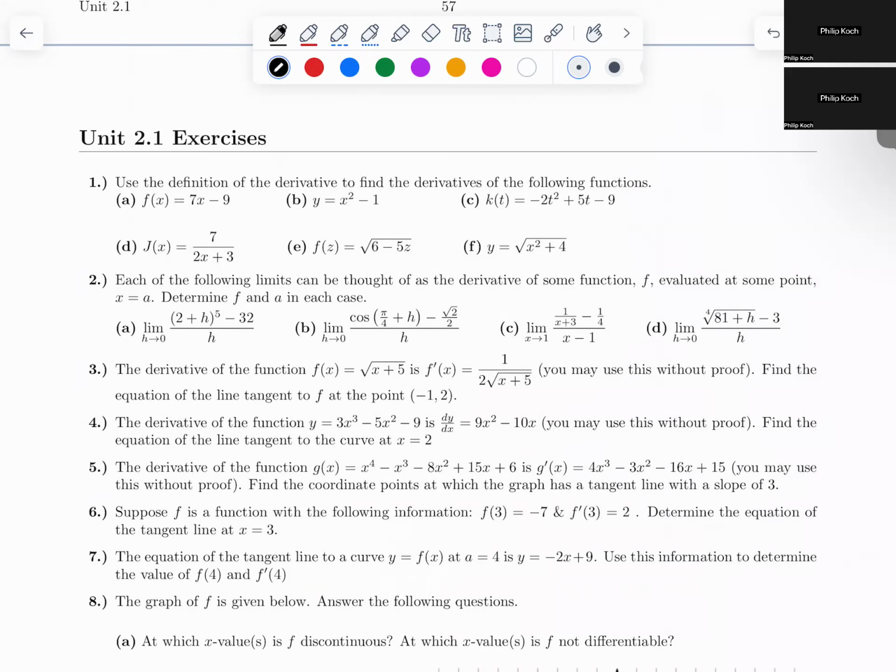I've tried to change it this semester where I'm including 2.1 on exam 1. So the exam review that I've written for 181 doesn't have anything on 2.1. For studying 2.1, please look at question 1, basically. If you can do all of those, you'll be prepared for the 2.1 section of the exam.